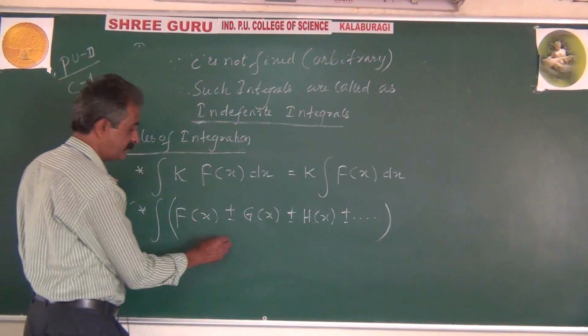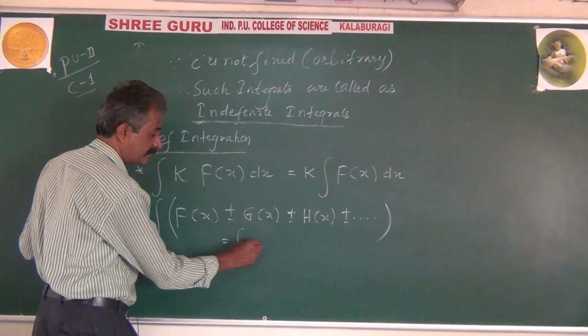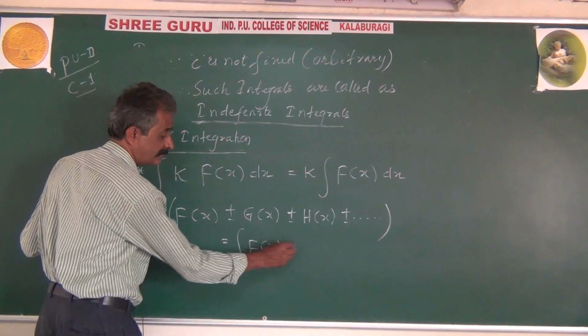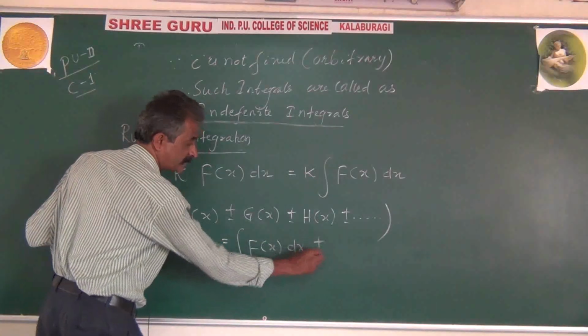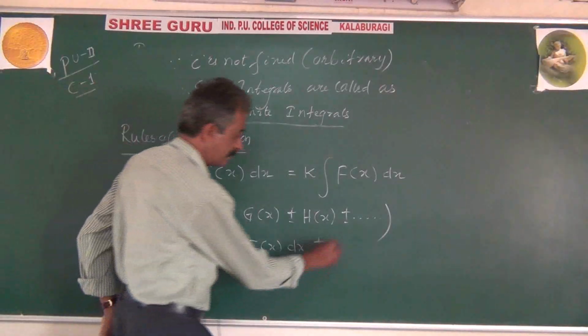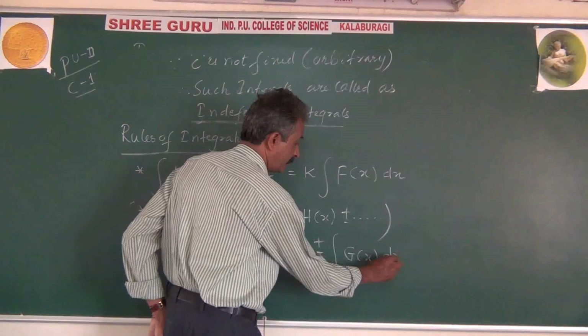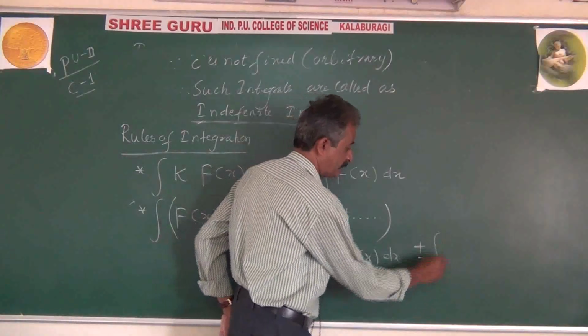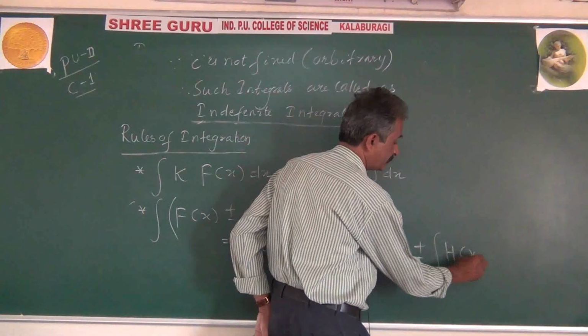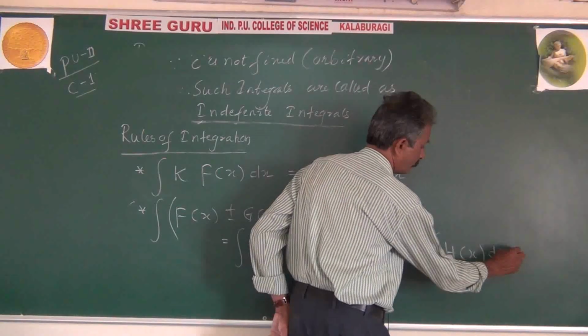Meaning it is equal to integration of capital F of x dx plus or minus integration of capital G of x dx plus or minus integration of h of x dx, and so on.